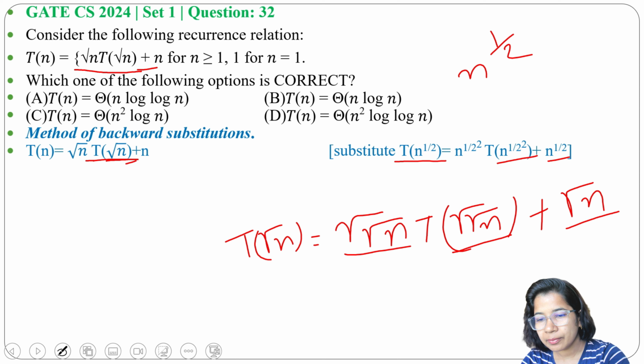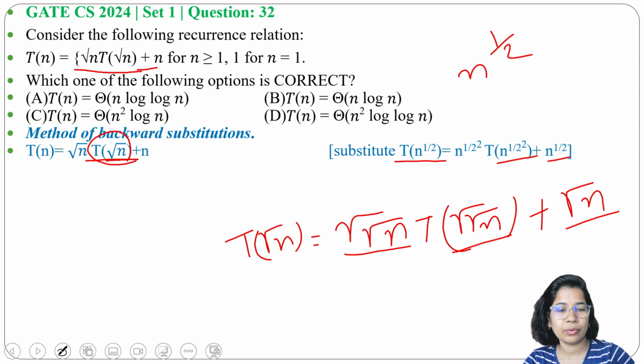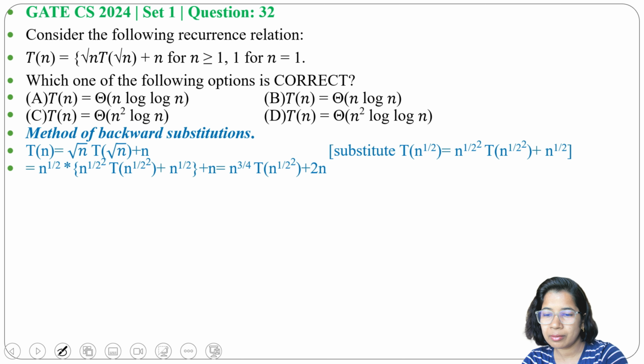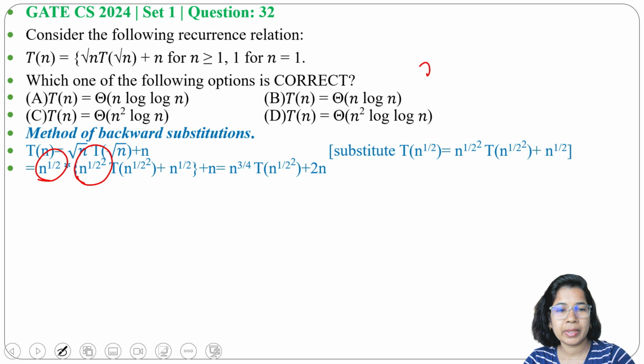So in place of this T of root n, we can substitute this value, and after substitution we will get n power 1 by 2, as given before, and in place of T of root n we substituted this, then plus n. Now after solving, n power 1 by 2 multiplied by n power 1 divided by 2 square will be n power 1 divided by 2 plus 1 divided by 4, right?